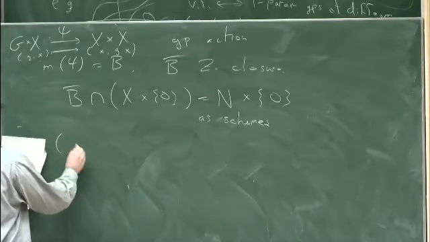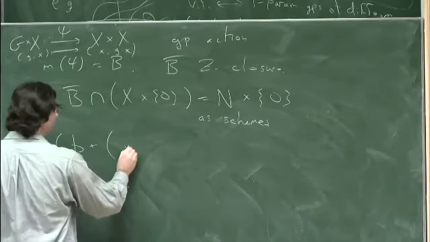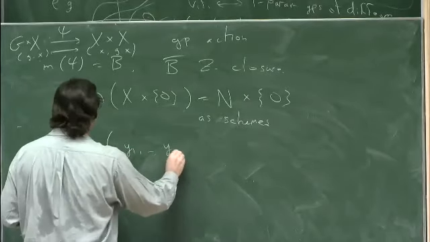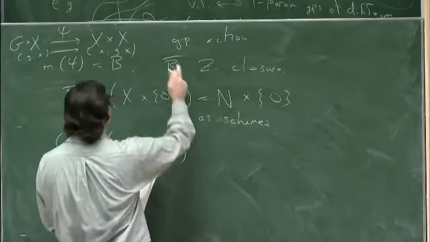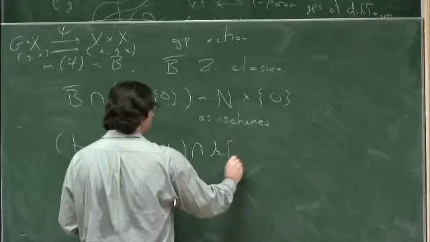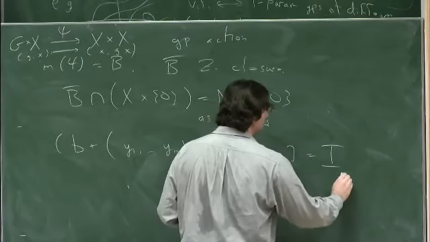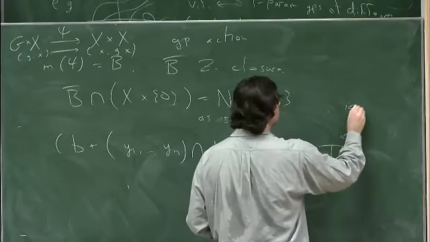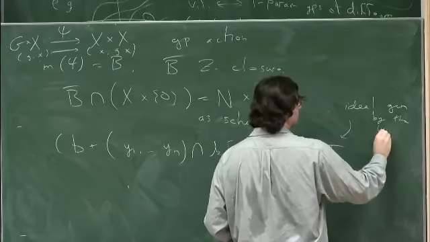So ideal theoretically, we have our ideal of B, which will be associated with the coordinates y1 through yn for the first X, and for the second X, we'll use x1 through xn, or vice versa, is equal to the ideal generated by the invariants.